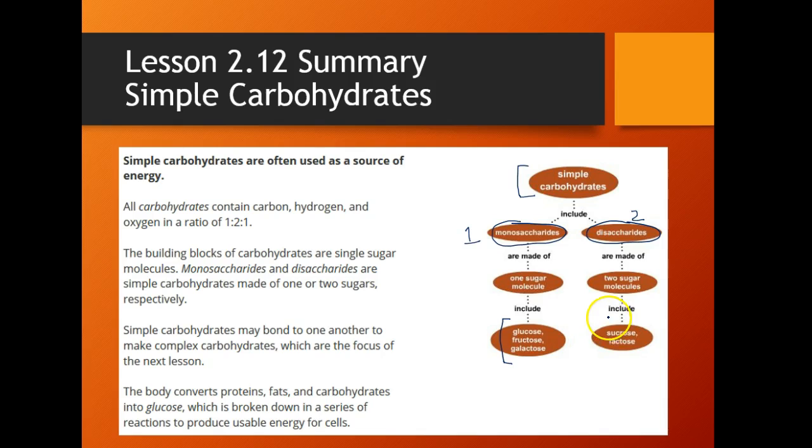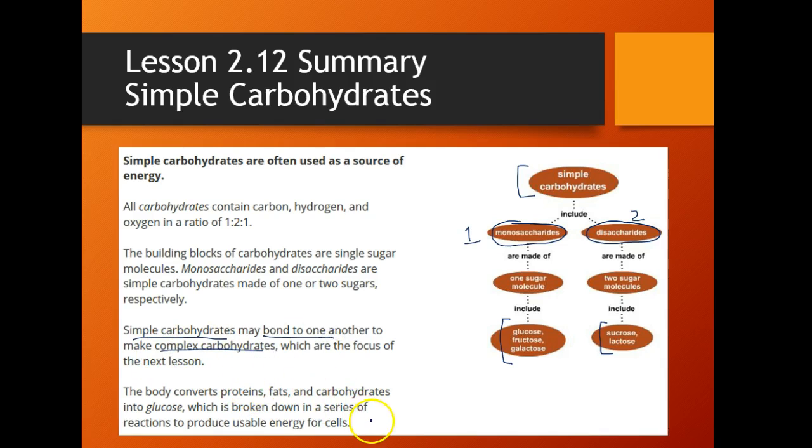And some examples of disaccharides were sucrose and lactose. Again, remember, we're going to go into more detail in the next lesson, but simple carbohydrates have different properties when they bond to one another to make more complex carbohydrates.